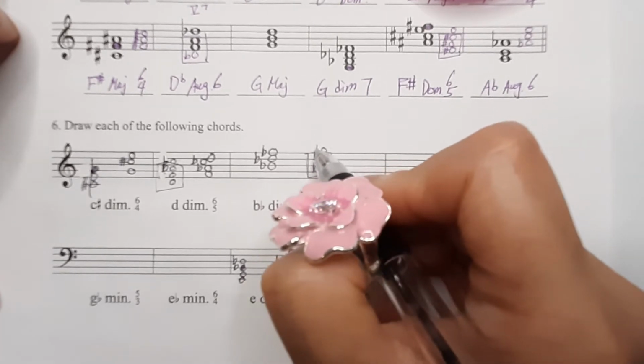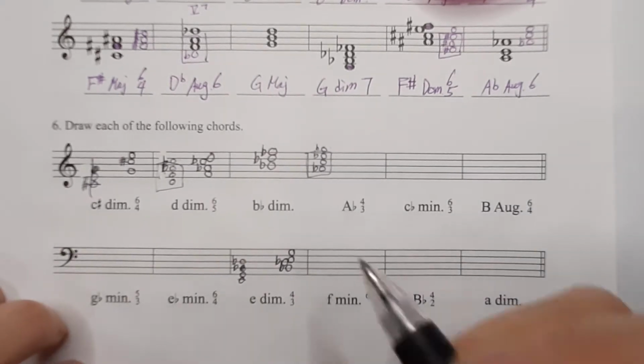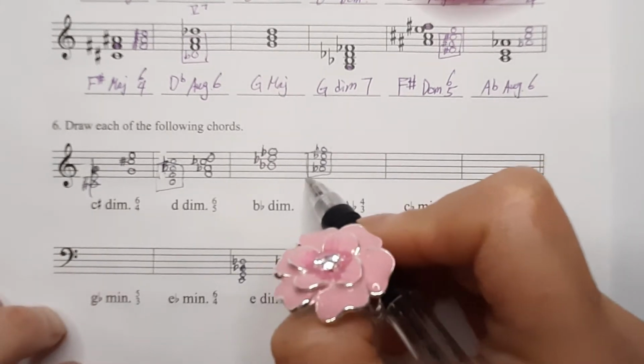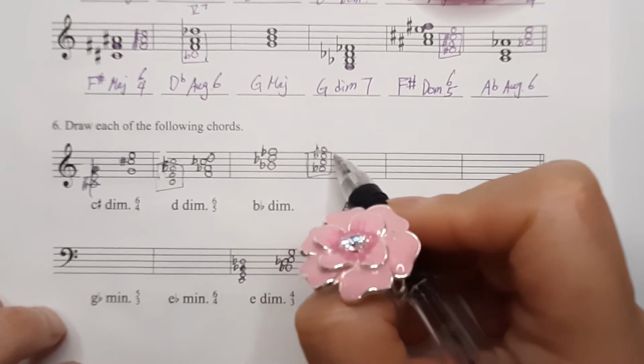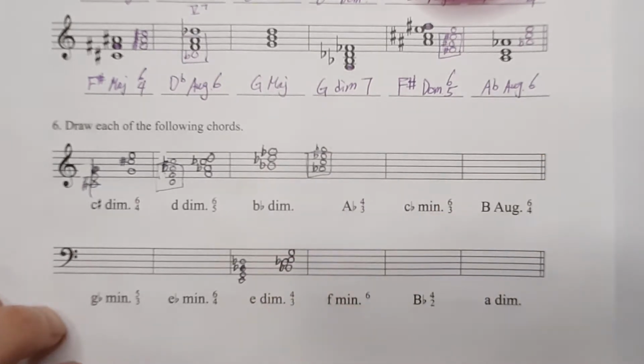No, this is minor 7, isn't it? G flat. So there's an A flat, C, and E flat. It makes a major triad. And from A flat to G flat is the 7th, right? Minor 7. Okay, so this is it.